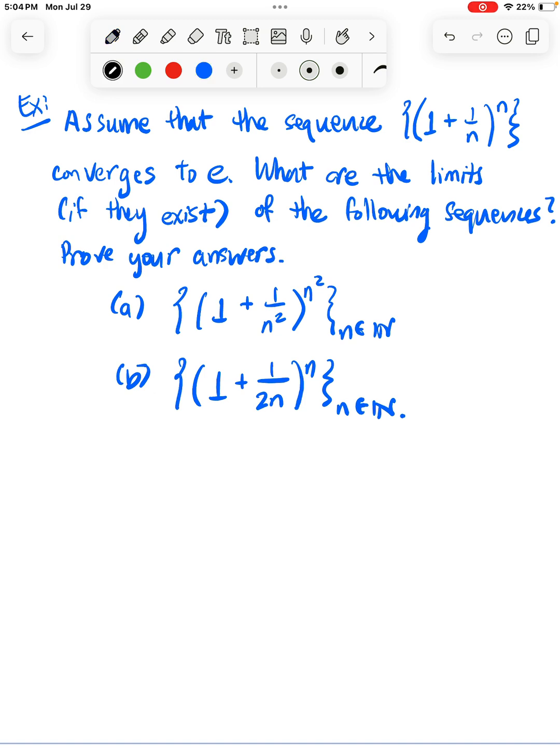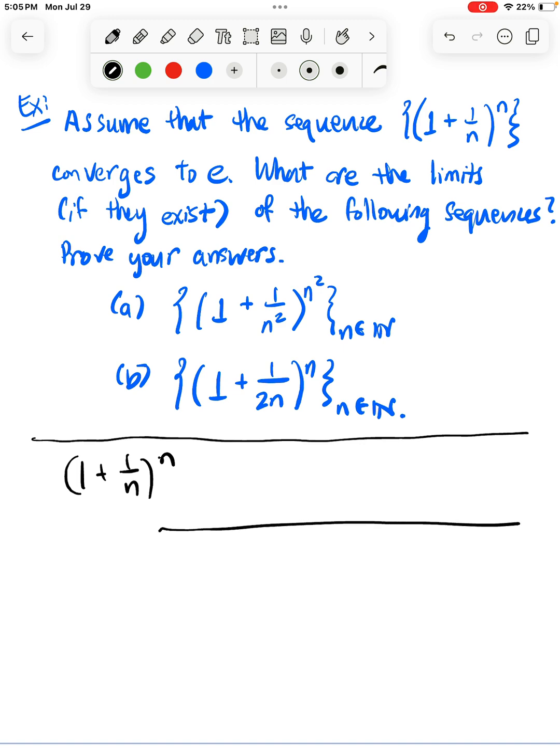Okay, let's go over the answer. Let's make sure we understand what's going on here. When you have a sequence (1 + 1/n)^n, here's the number line, and say n equals 1. Then it's 1 plus 1, which is 2.